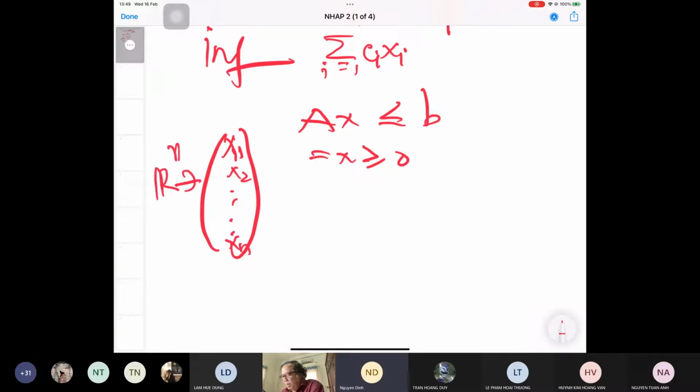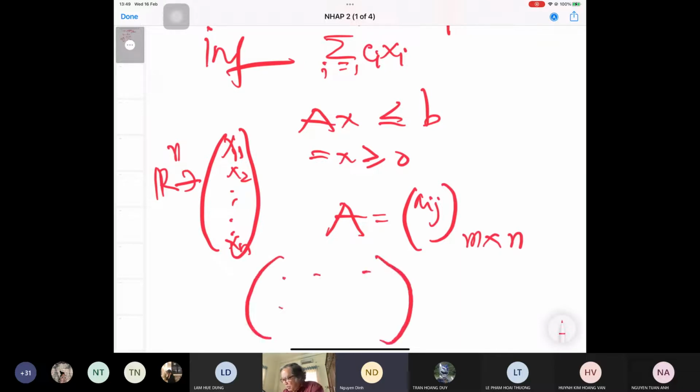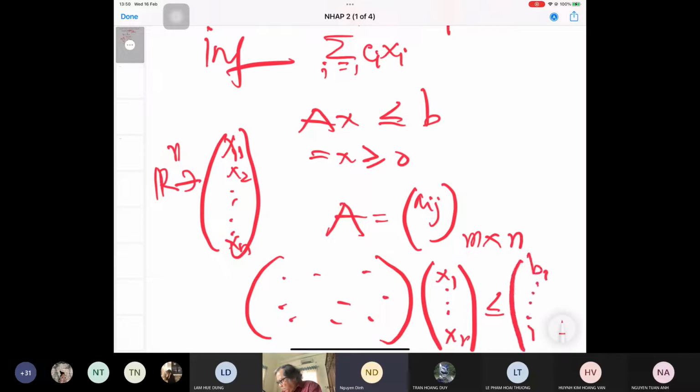Is that okay? And A is a matrix, m by n, A_ij. A multiplied by x1 to xn is less than b1 to bn, something like this.